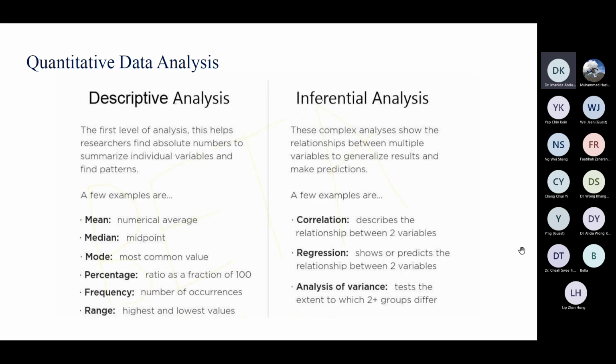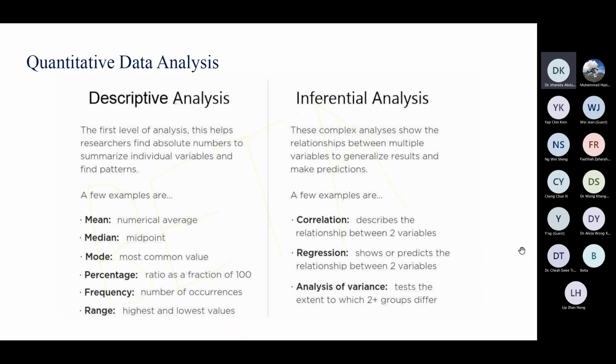There are a few examples of inferential analysis, for example, correlation. We use correlation to describe the relationship between two variables. And then we use regression analysis to show or predict the relationship between two variables.